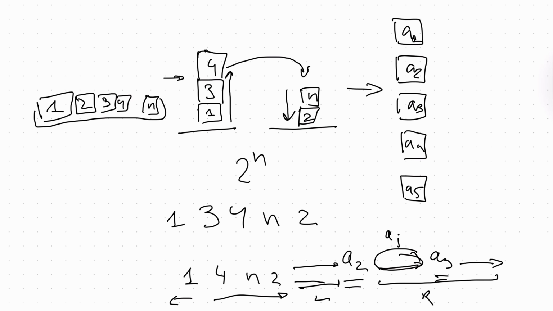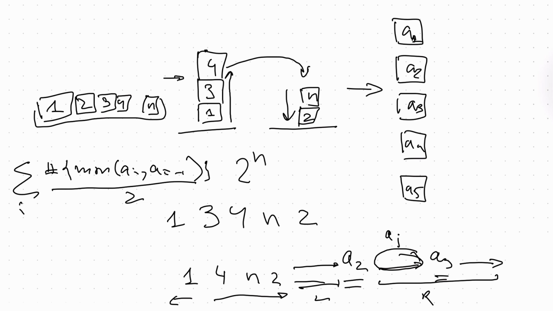So basically what we need is to sum over all the values that are greater than the minimum of Ai and Ai minus 1, and not before this, and not already removed. And then we need to divide it by 2 as the probability is equal to 1/2, and the sum of this value would be the correct answer.